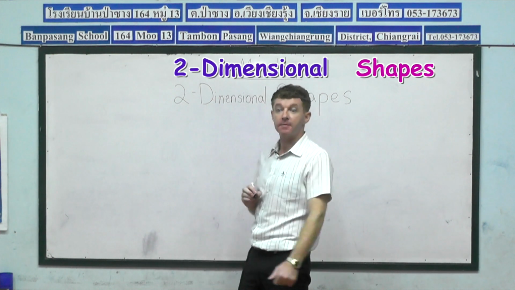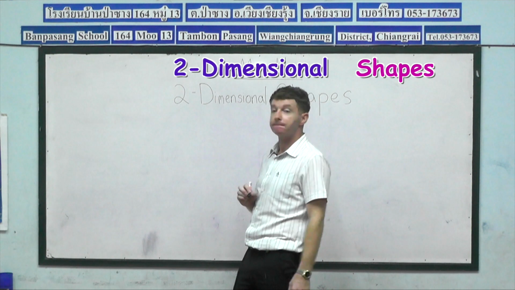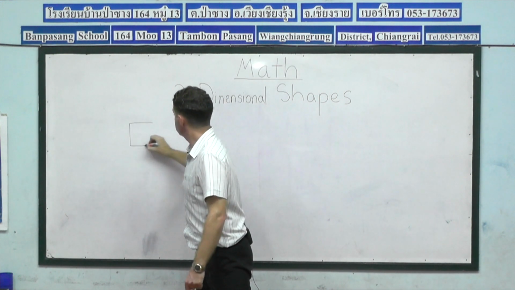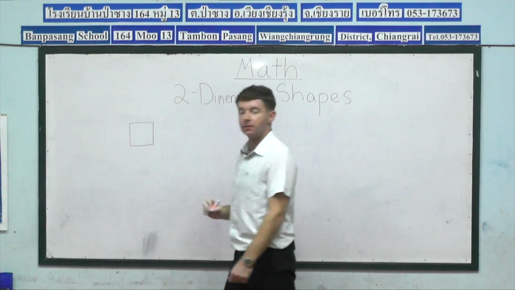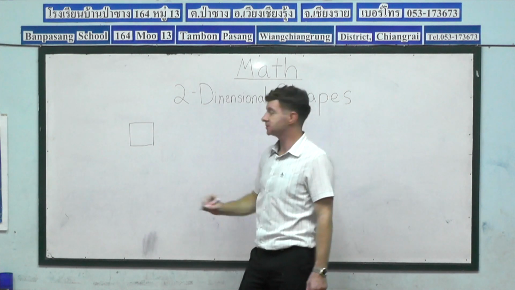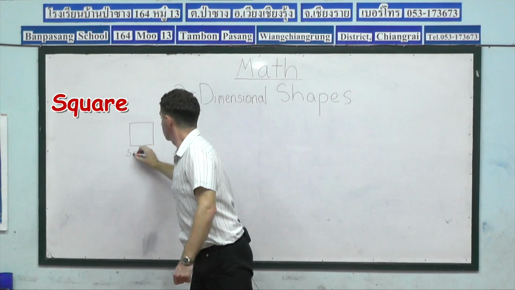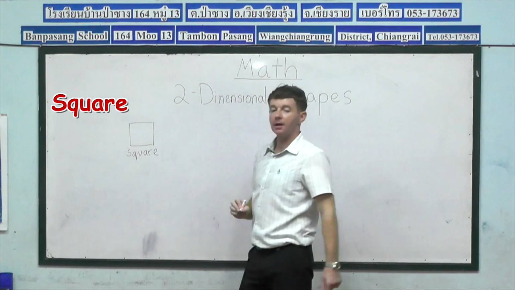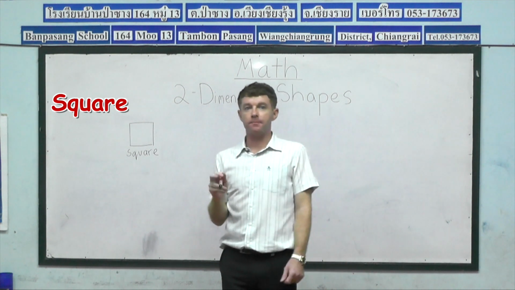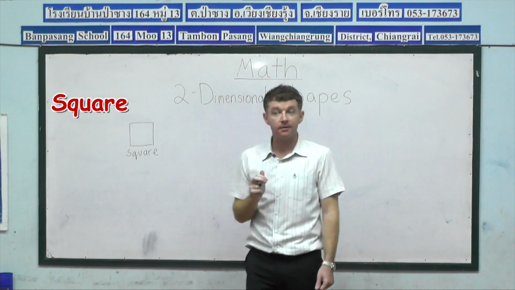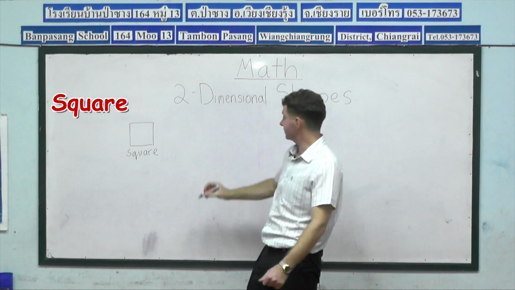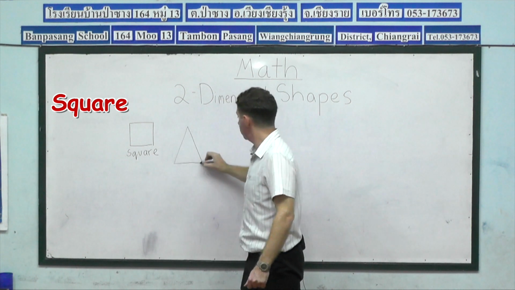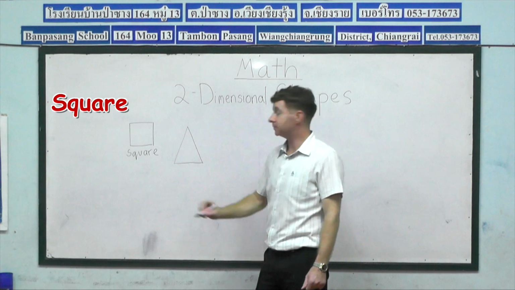Square. Okay. How many sides for a square? 1, 2, 3, 4. How do we spell square, guys? S-Q-U-A-R-E. And how about the 2D shape with 3 sides? Triangle. Excellent. 1, 2, 3. Triangle.